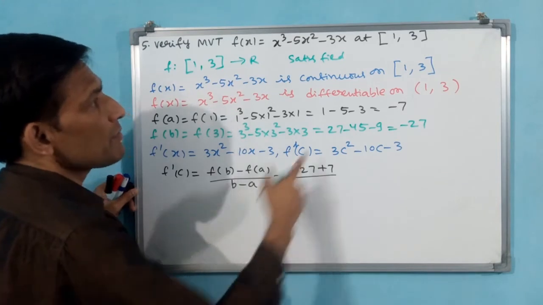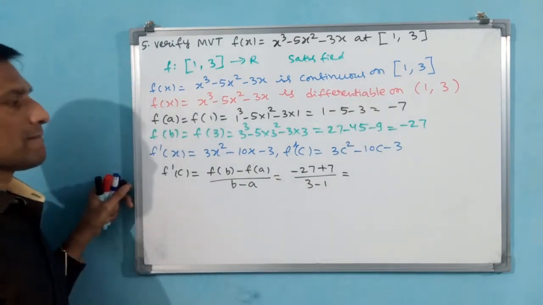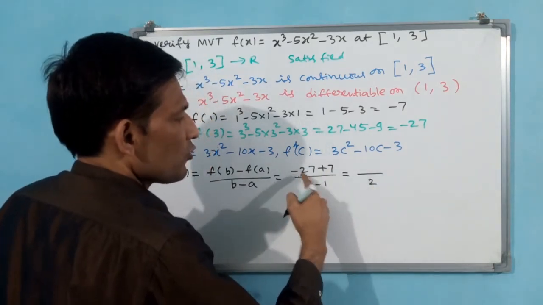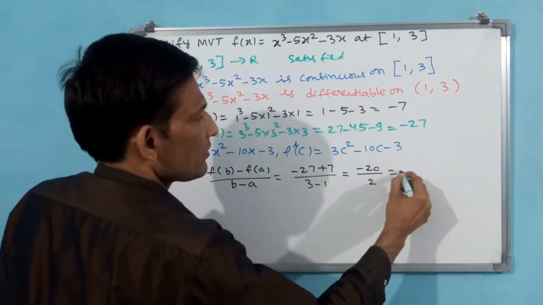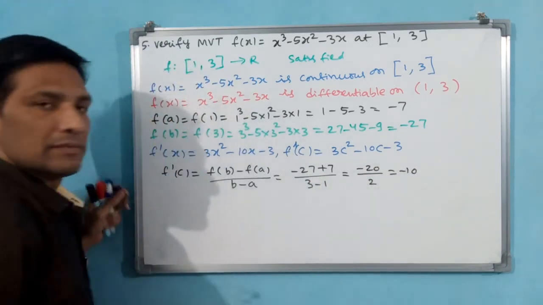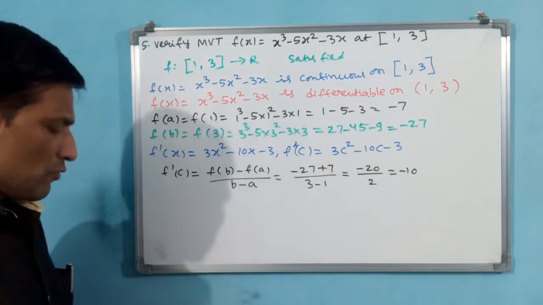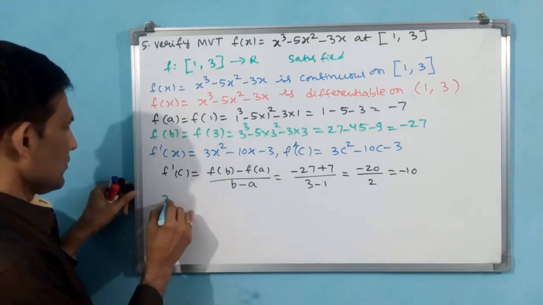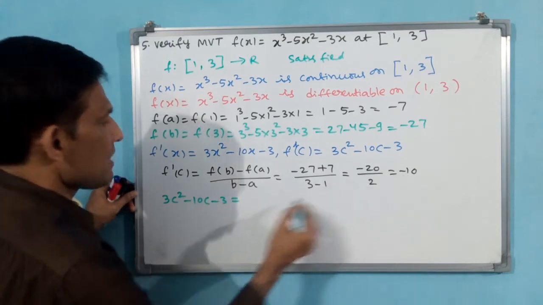And b − a is 3 − 1. The denominator is 2, but the numerator is −20, that is equal to −10. Both are f'(c), so you have to make them equal. You see how I am writing: 3c² − 10c − 3 = −10.